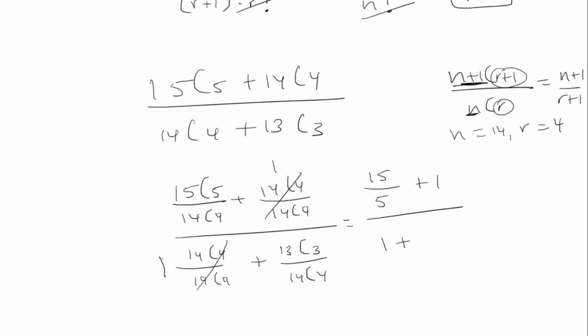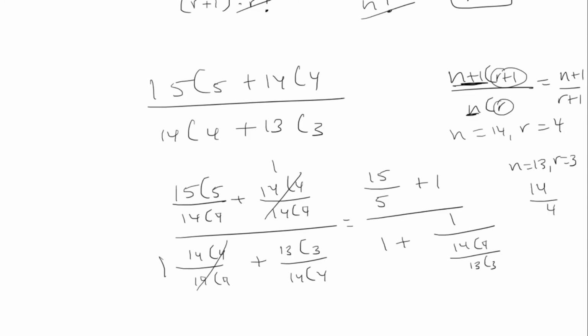And then for this one, I can rewrite it as 1 over 14 choose 4 over 13 choose 3, and then I can use the formula. So in this case, n will be 13, r would be 3. So the answer would be 14 over 4.